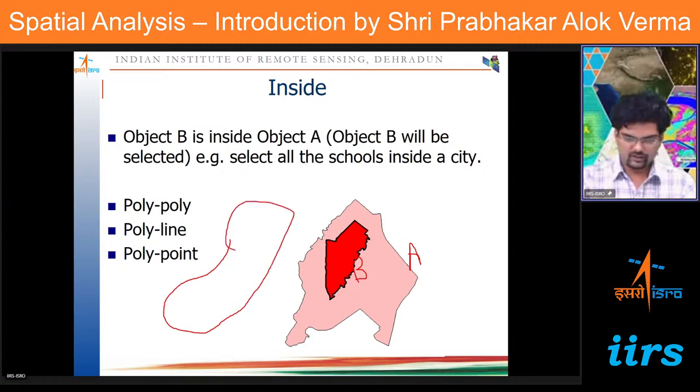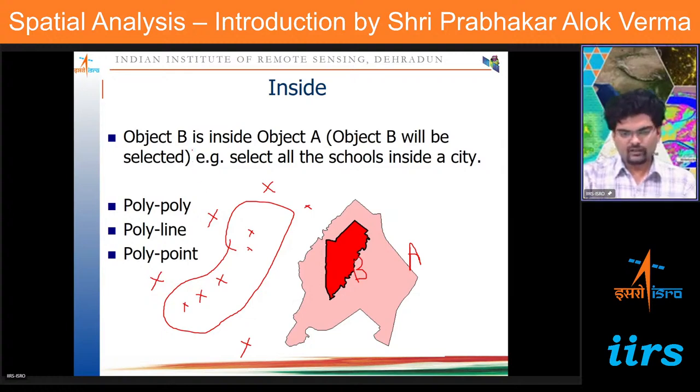Suppose I am having a city, and inside the city there are some schools. Outside the city also there are some schools. So if your query is select all the schools which are inside the city, the schools which are present inside the city boundary will get selected.